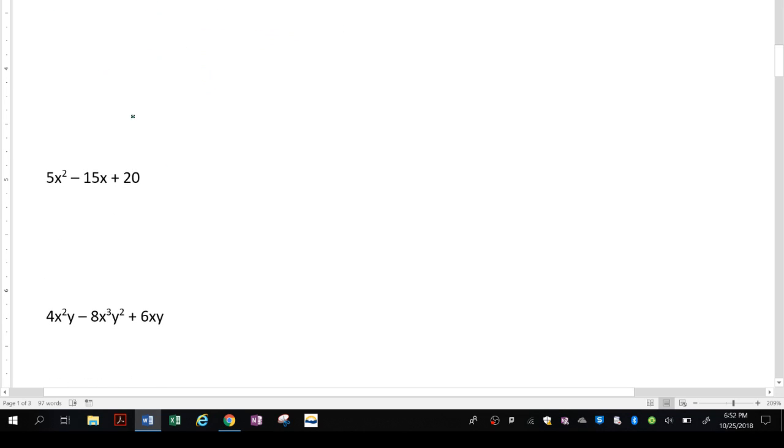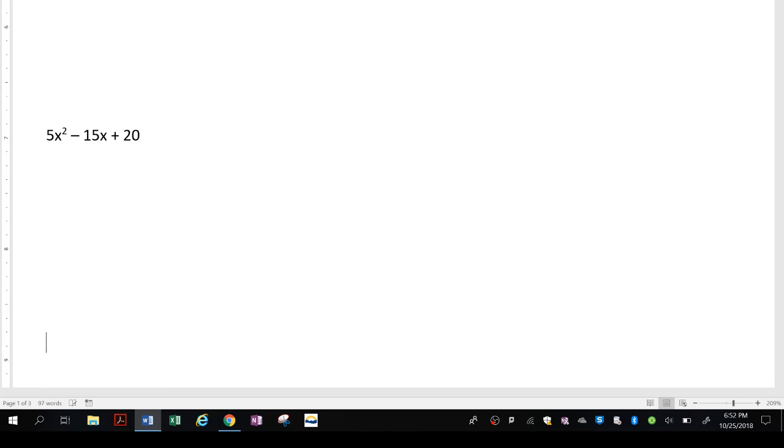Okay, let's look at an example that has 3 terms in it. So in this trinomial here, we have 5x squared minus 15x plus 20. And looking at the coefficients of each term, you can see that 5 is the greatest common factor between all 3 terms. So we want to write this with dividing 5 out, or factoring 5 out.